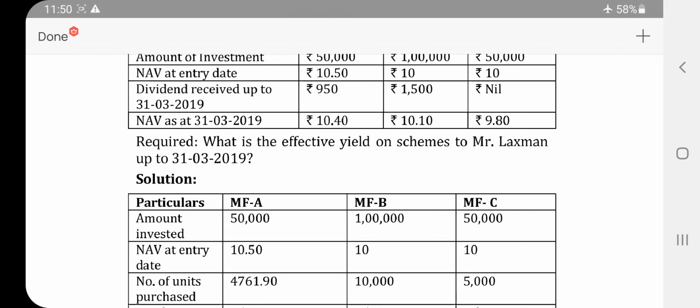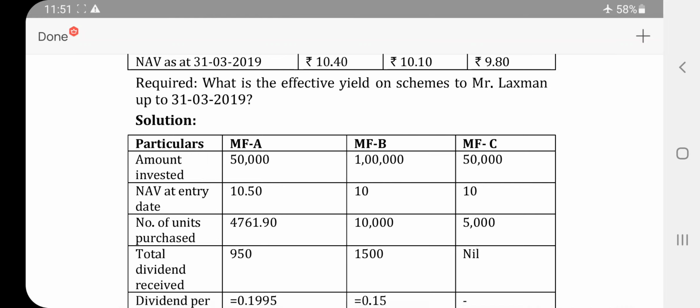NAV at entry date, you know that 10.50, 10, and 10 for mutual fund C. If you divide the total amount of investment made by Mr. Lakshman by NAV at entry date, you will get the number of units purchased.